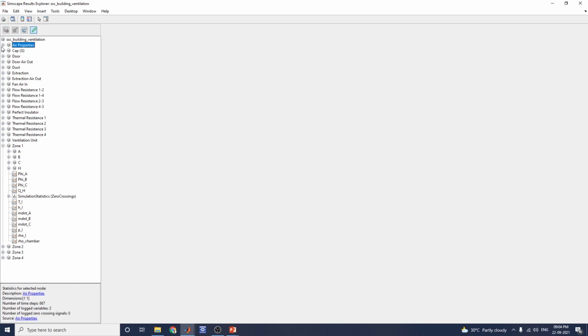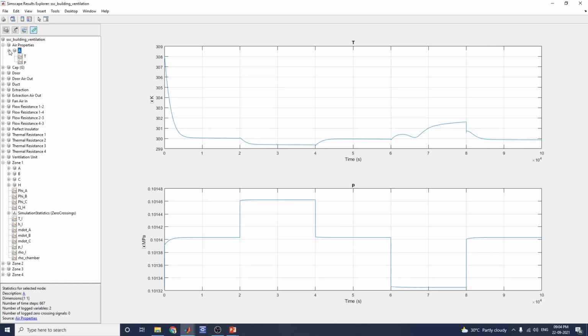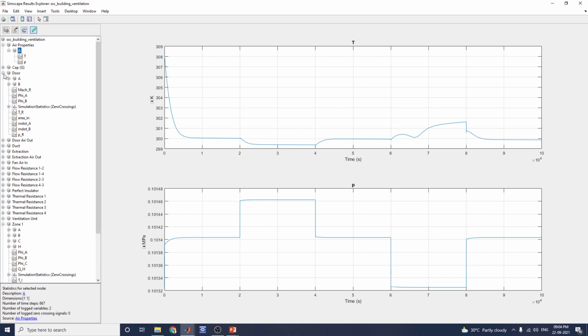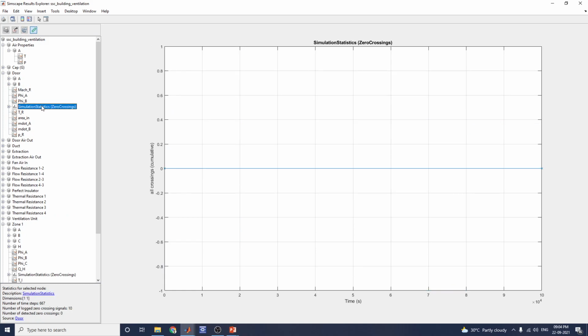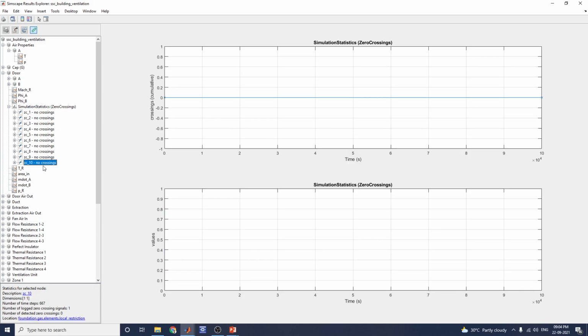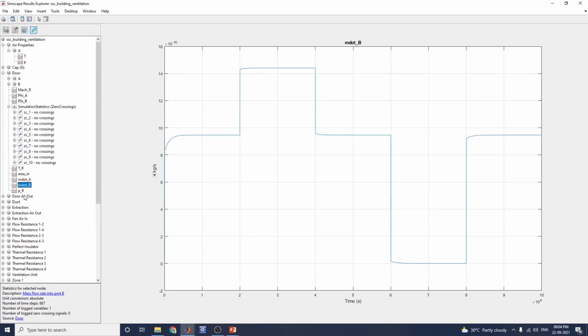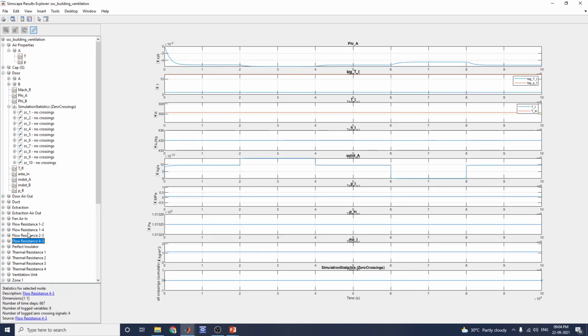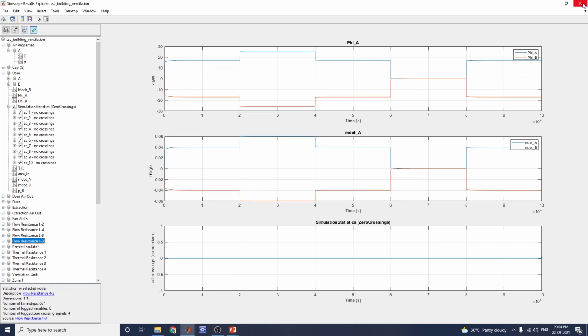Similarly in the air properties, you can see the inputs, pressure versus mass flow rate. Also you can see the door unit, and for this door, the simulation statistics at zero crossing value. Here there is no crossing. In this manner we can analyze each and every block's outputs by using the interactive Simscape Results Explorer block.